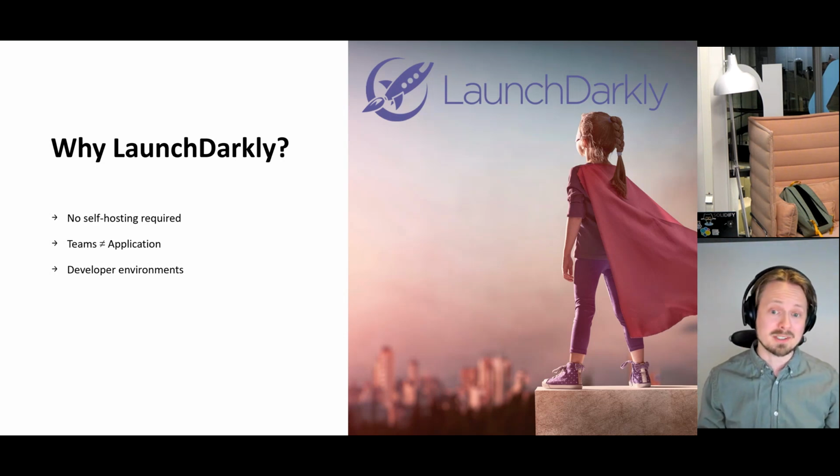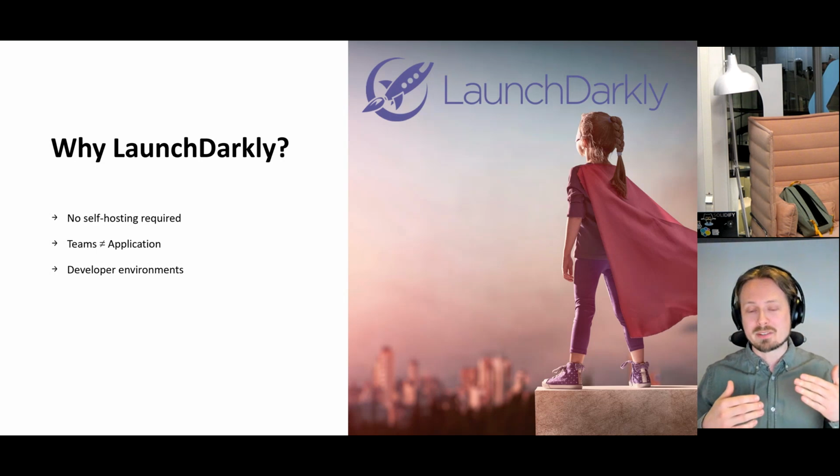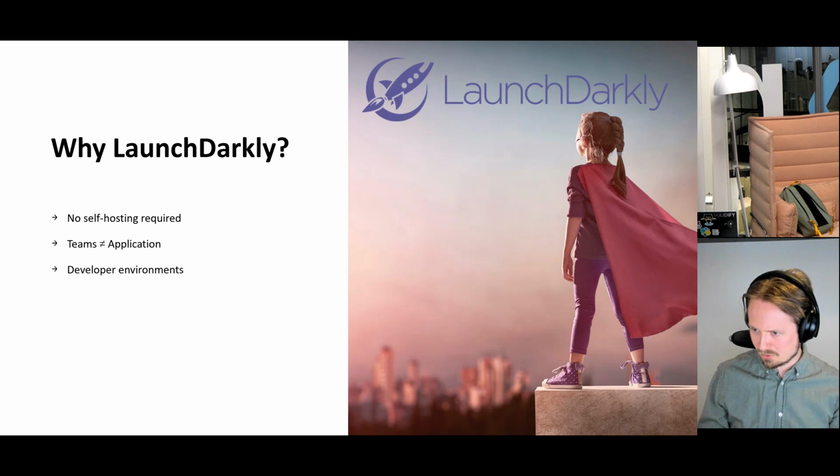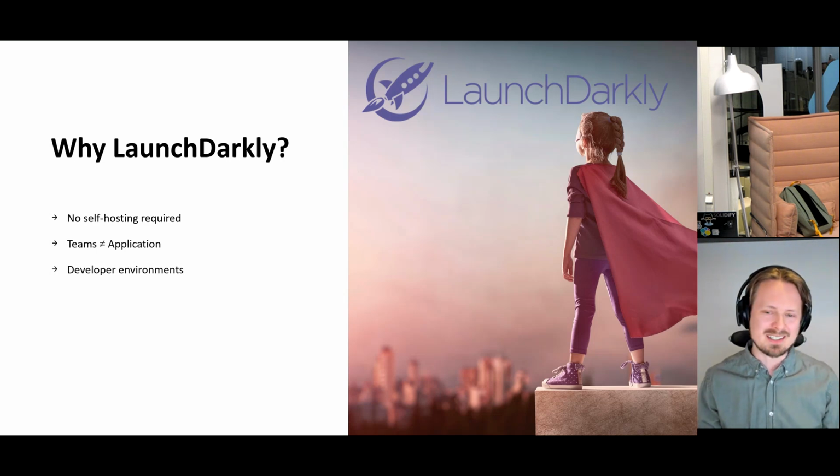The second thing that we wanted was a separation between a team and an application. Even though each application, each service that we have, is owned by a team, that doesn't mean that it is the only team developing in that repository.